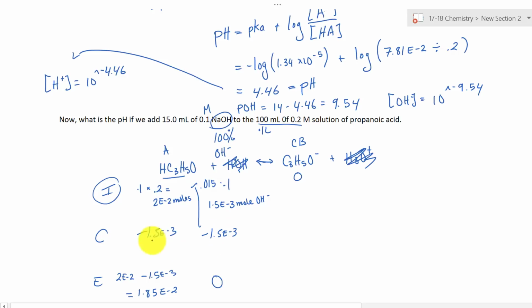Now, if this is reacting with a strong base, whatever is being used up over here, based on the ratio of 1 to 1, and based on the coefficient 1 to 1, we know that whatever is being made right here is going to be the same amount as what is made here. So we would have 1.5 e to the negative 3, and now our conjugate base is no longer 0, it's going to be 1.5 e to the negative 3 moles, okay?